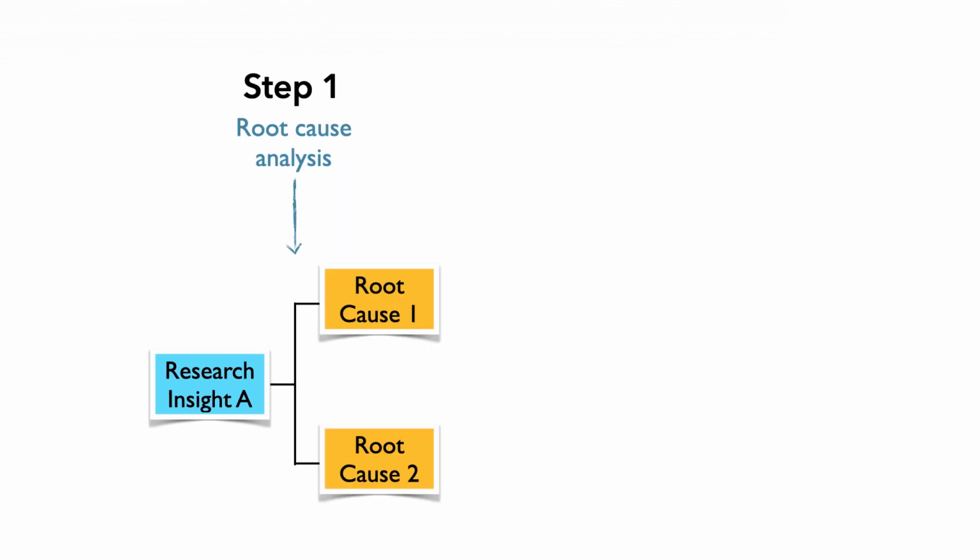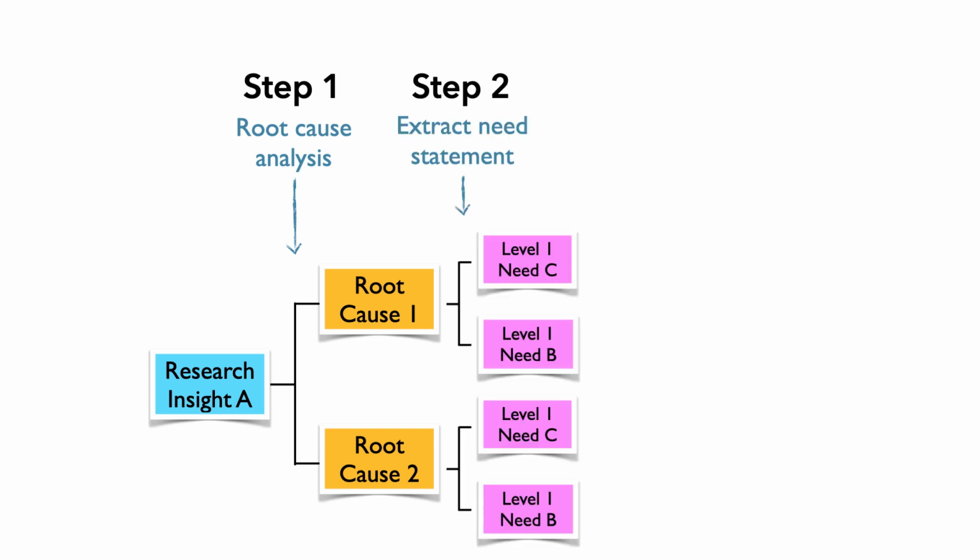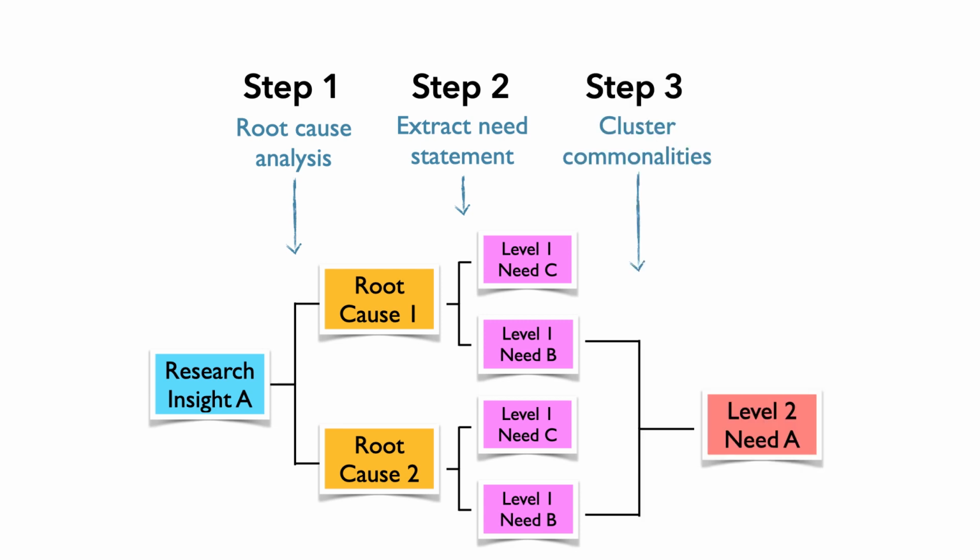The first step is what we call root cause analysis, which is getting to the underlying issue as to why something happened, and that then leads to, so what they really need is X, Y, or Z. And then often, if we go and do multiple observations around, say, changing tyres in garages or on the side of the road, we'll start to see the same problem appear in multiple instances. So we can then start to cluster or affinitize those together to reduce the number.